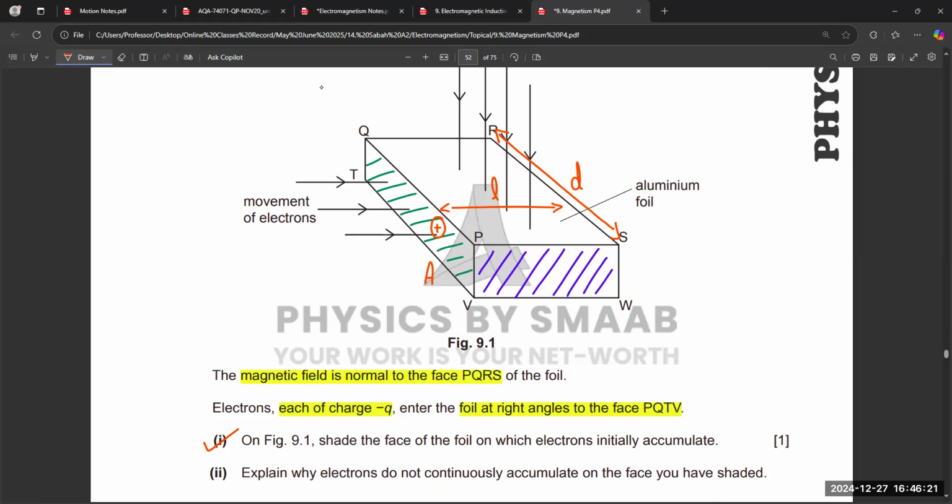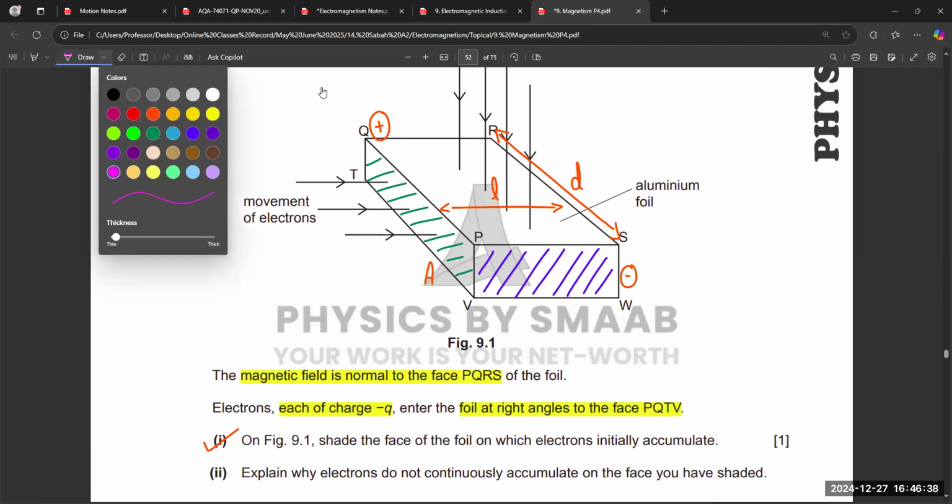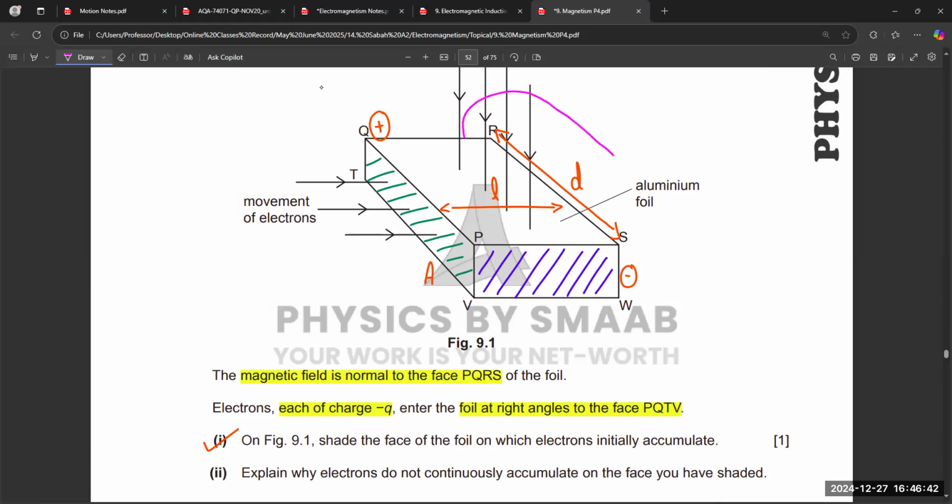Yes. And the voltmeter in this direction.